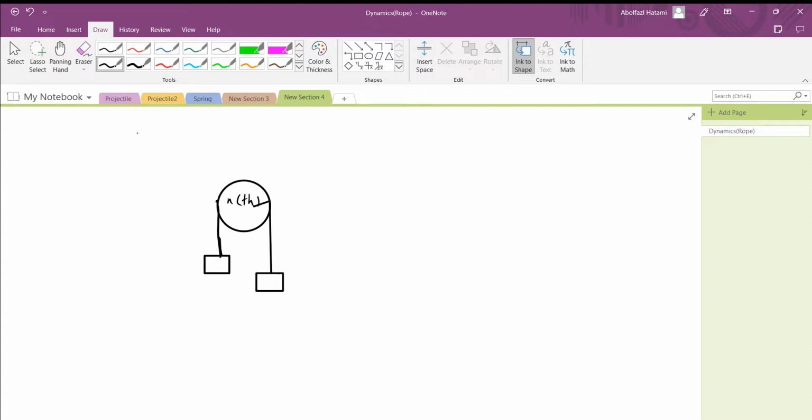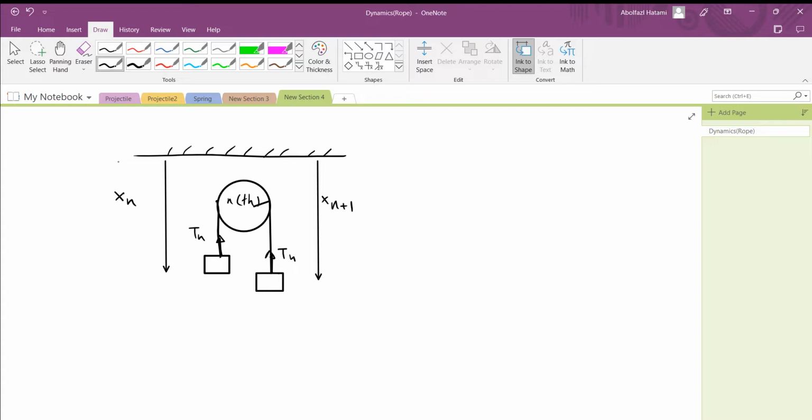So here we have a tension P_n, and here again we have tension P_n. Consider that this is the wall, which is our origin. This is a_n. Sorry about the bad line. Let me write it like this, and also the n plus 1 block. It is x_n, and it is x_{n+1}.